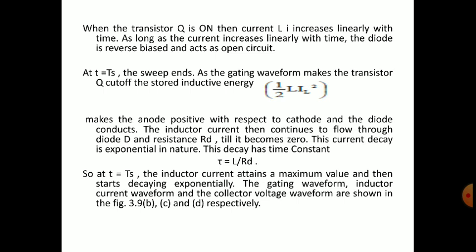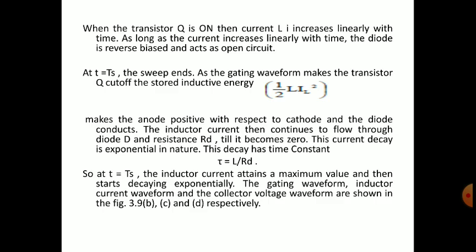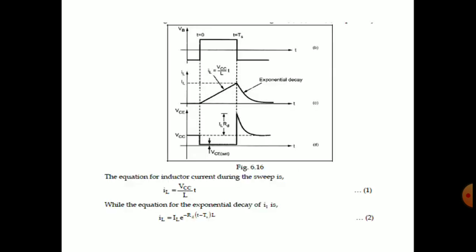At T equal to Ts, the inductor current attains a maximum value and then starts decaying exponentially. The gating waveform, inductor current waveform and collector voltage waveform are shown in figure 3.9 B, C, D respectively.